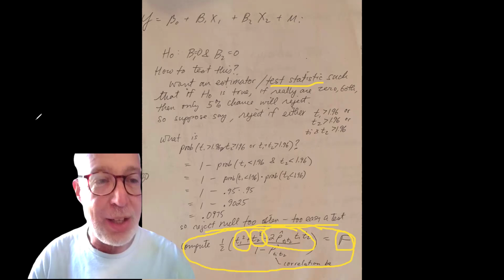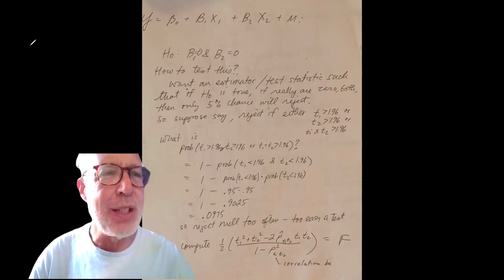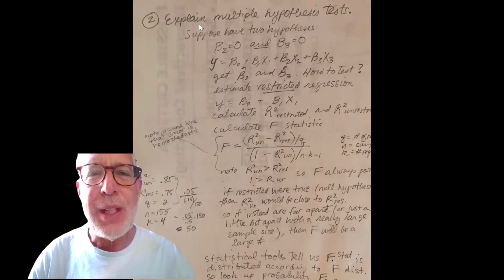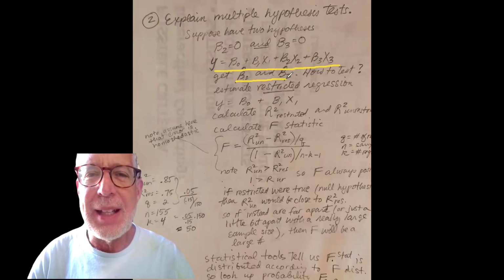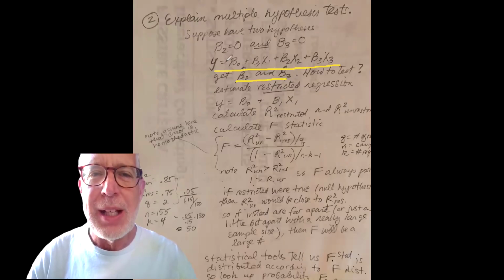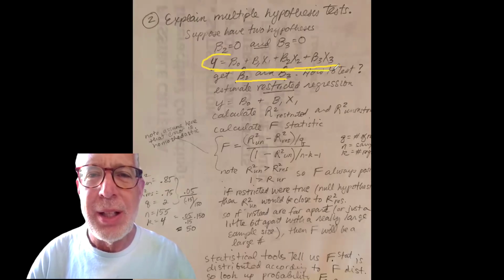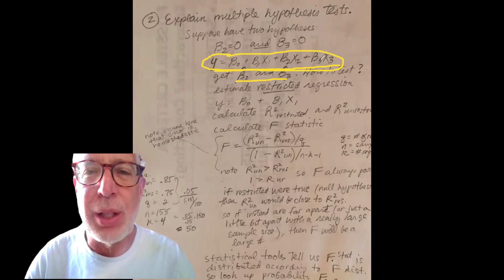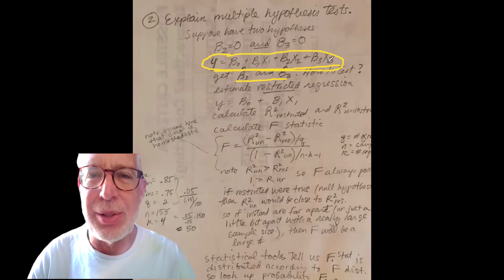There are several tests here, but the more interesting, more intuitive test is this one. We'll imagine we have our regression with x1, x2, and x3, and we want to test that beta 2 and beta 3 are equal to 0. So we run this regression and calculate the R-square for that: what's the overall explanatory power of including all 3 variables, x1, x2, x3?